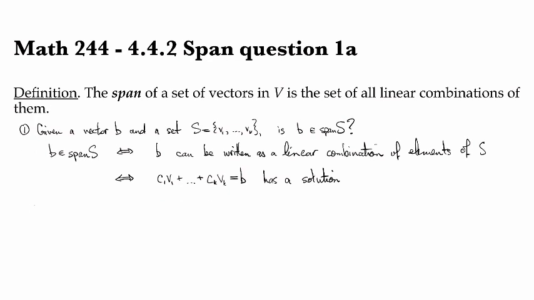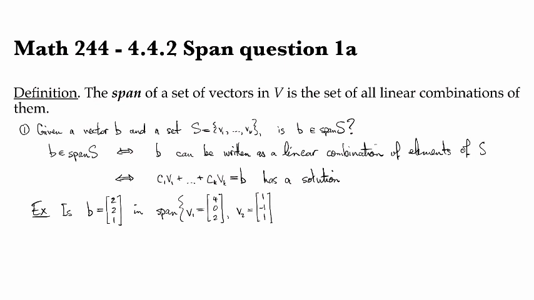Okay, so let's look at an example. Suppose we're asked, is the vector 2, 2, 1 in the span of the two vectors? We'll take V1 to be 4, 0, 2, and V2 to be the vector 1, minus 1, 1.